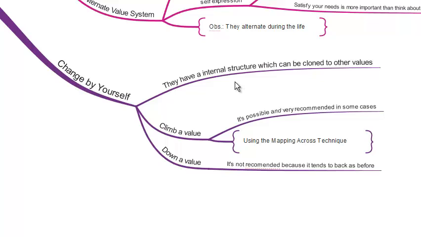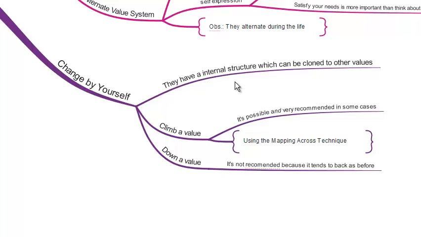How do you climb your value? You have a value that isn't in your top 10 hierarchy, and you want to put it there because it's important. For example, you want to create value, and it isn't in your hierarchy of values, and you want to put it on top. You can take the same characteristics of the top value, and put that submodality into the create value, which means when you do something for others, when you help others, when you teach something to others, it means create value.